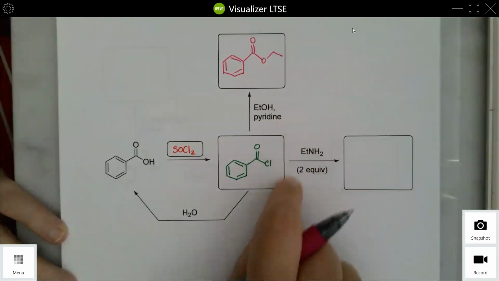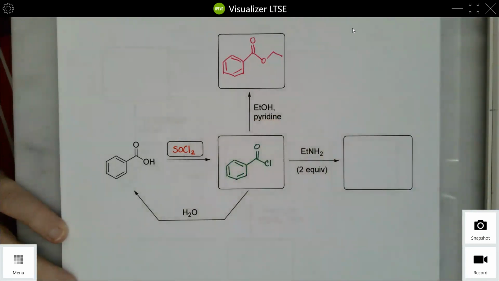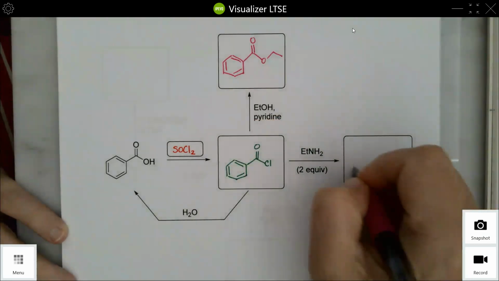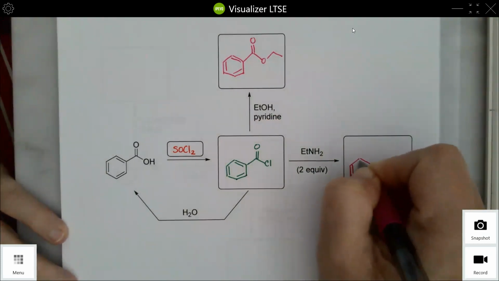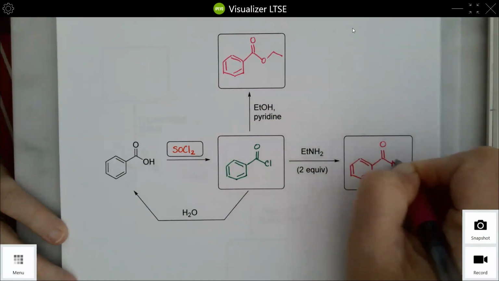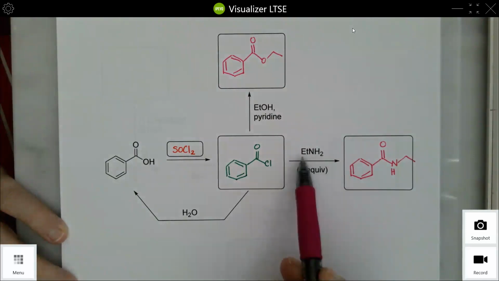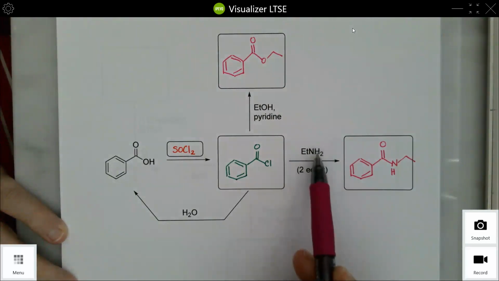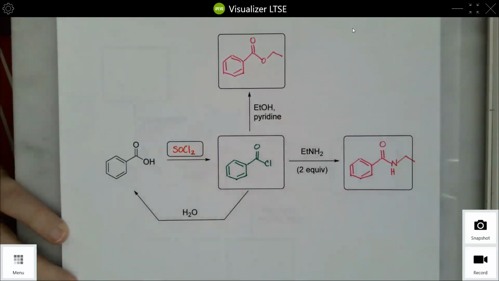So one of these equivalents is basically acting as a pyridine substitute and acts as a base. So we're going to make the amide, with an ethyl group here, and one of the hydrogens is gone because it gets deprotonated with the other amine.